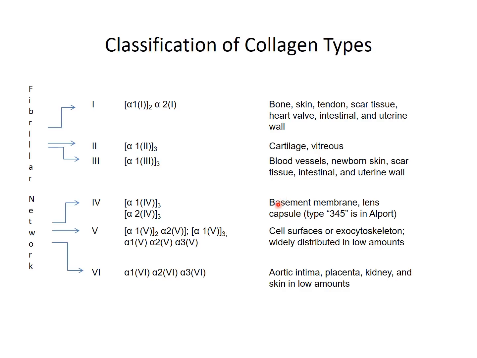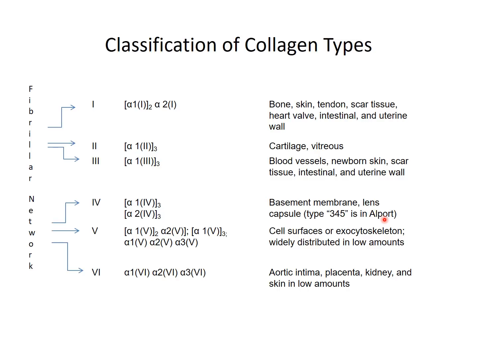This is what you learned about. You remember the basement membrane, type 4 collagen. The alpha 1, alpha 2 is usually present in every basement membrane. You remember the alpha 3, alpha 4, alpha 5 composition was typical of the kidney basement membrane, and the X-linked inherited problem with the alpha 5 chain actually gave rise to Alport syndrome.